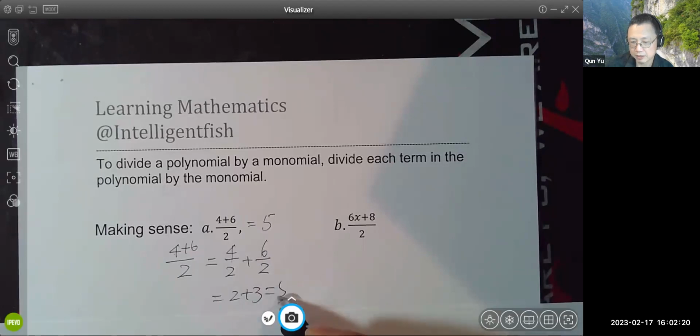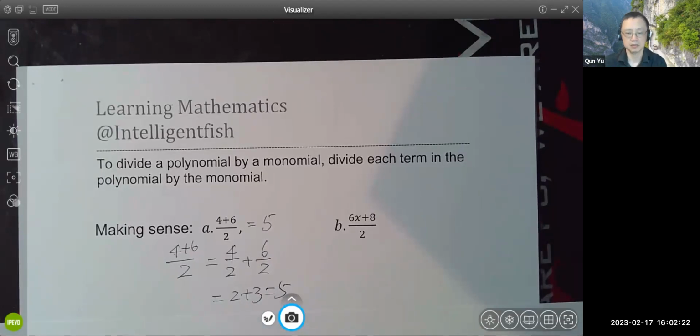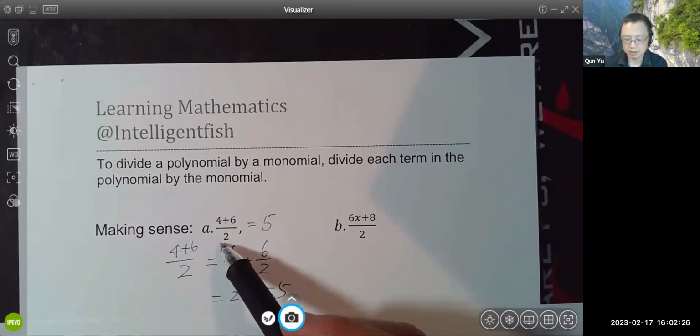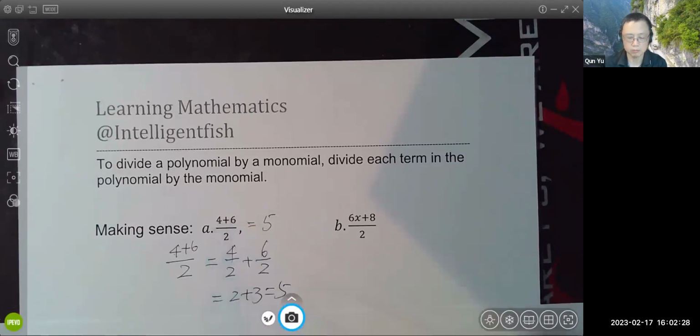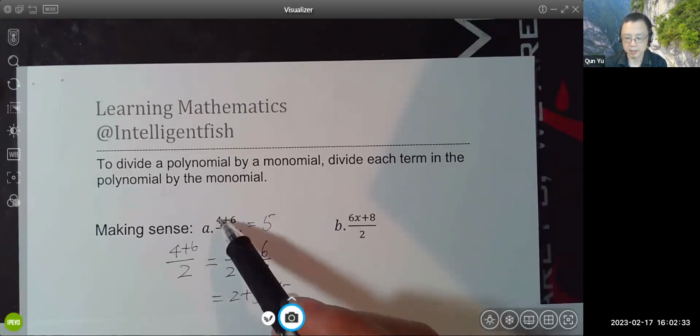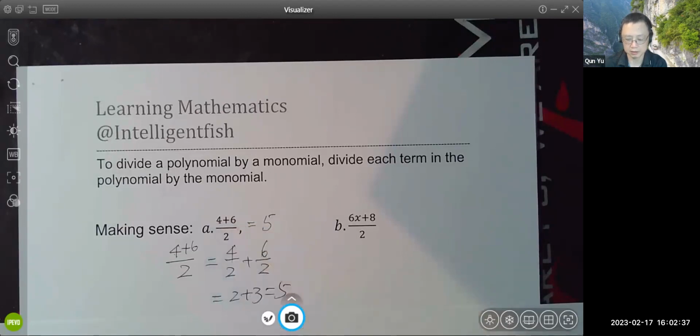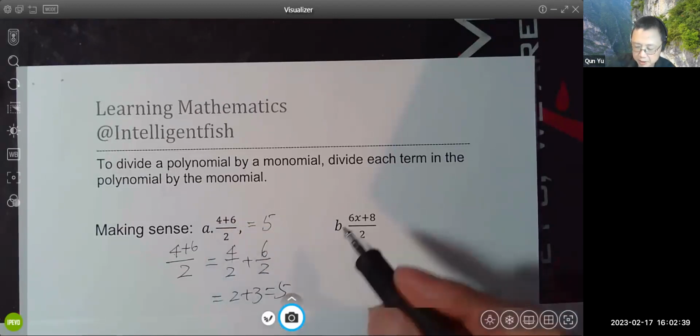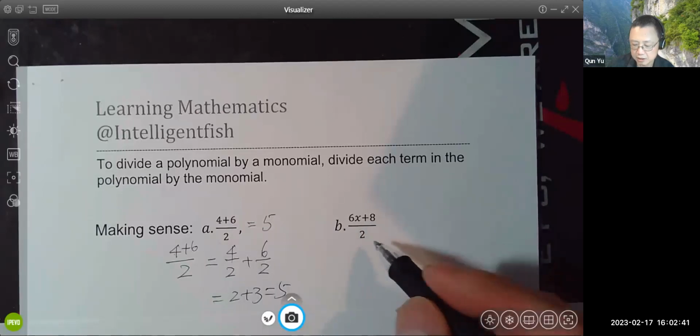We still got 5, is that right? Yeah, we still got 5. It's like we distribute this divisor to each term on the top. This denominator is shared by all of these components on the top. We only have 2 in this case. So in a very similar manner, we can do it the same way here.